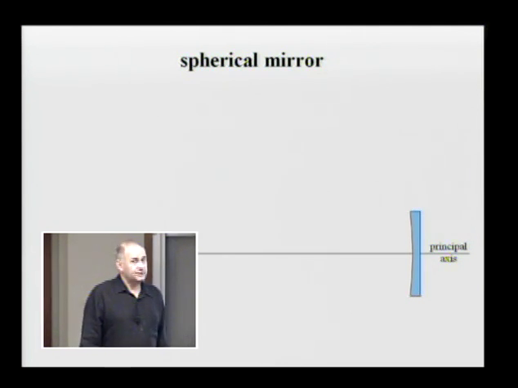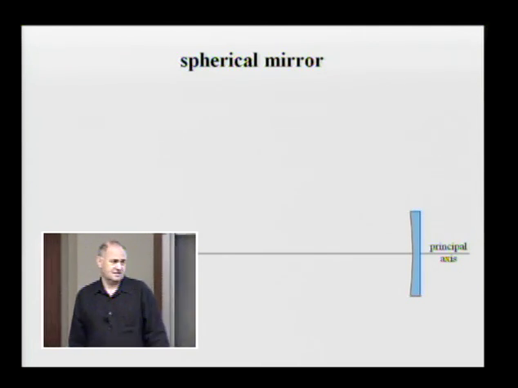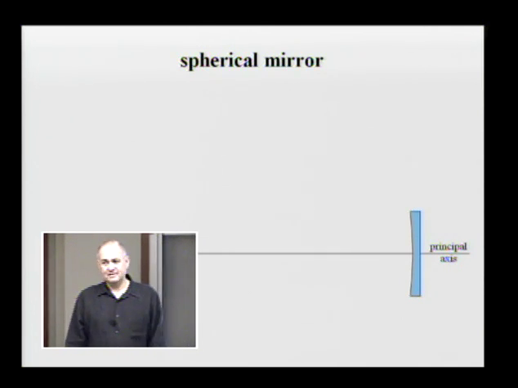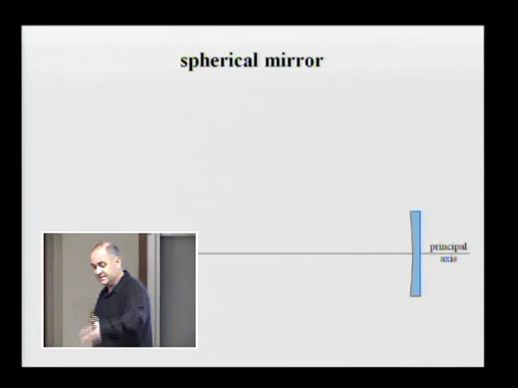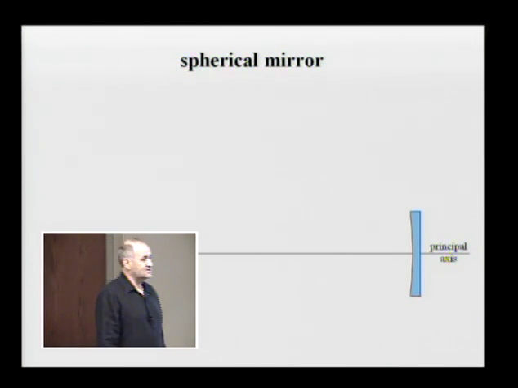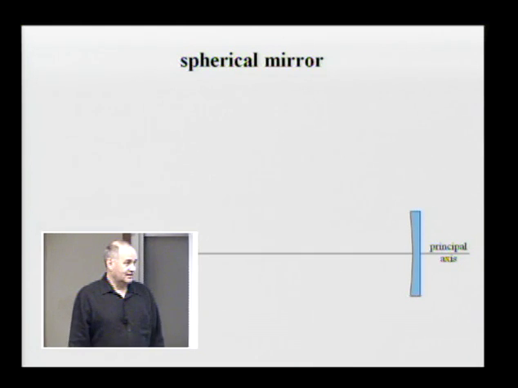If we take too large a fragment of that sphere, then the surface will not be able to produce an image, because of an effect which is referred to as spherical aberration.